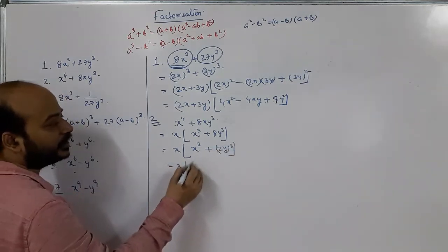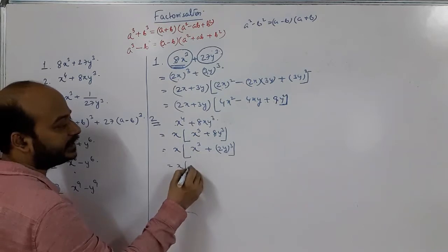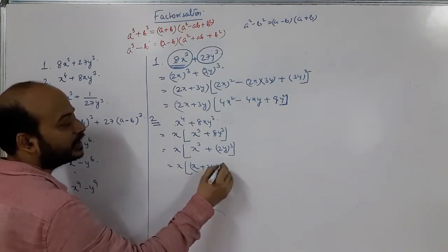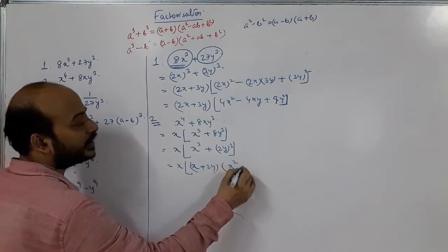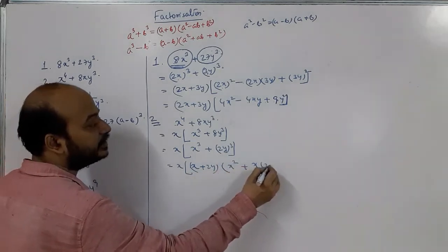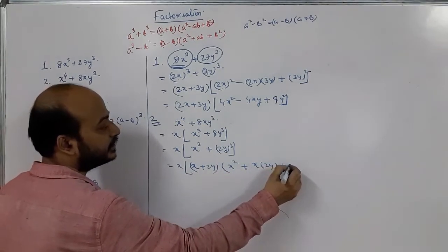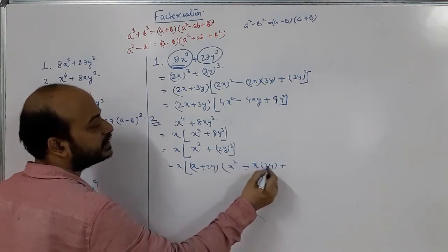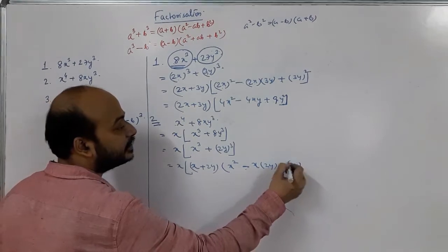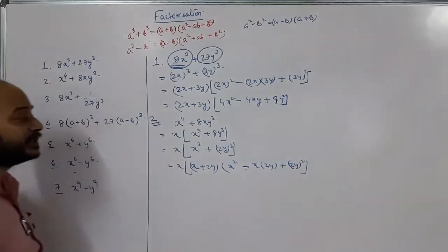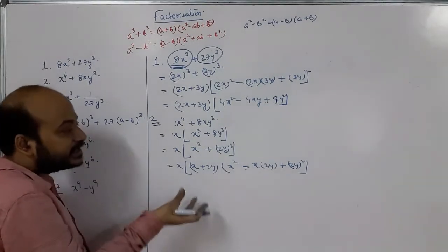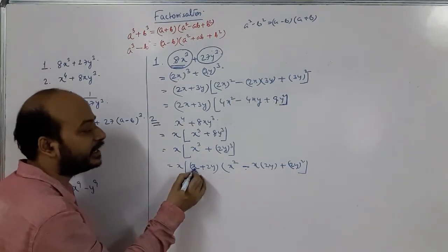So I get a cube plus b cube, that is a plus b, and then a square minus ab plus b square. Understand? You have seen that I am pronouncing a but writing x.